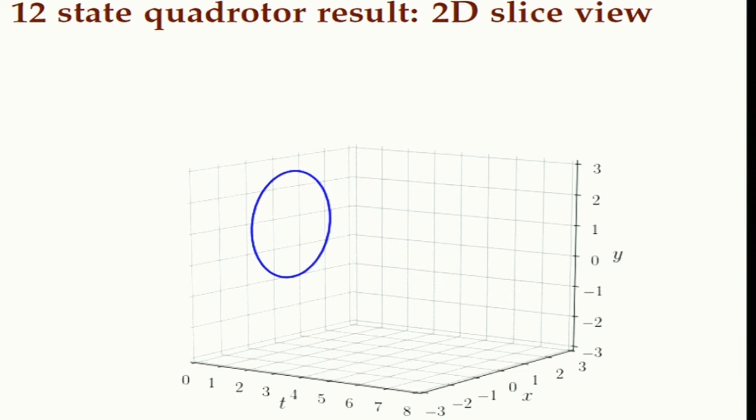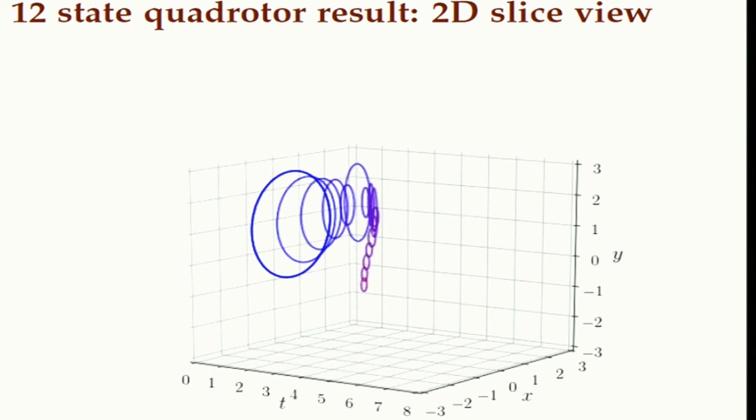So here is some result. We implemented it for a 12-state quadrotor, linearized about some reference trajectory, and I'll give some details about the simulation setup. I'm only showing the result of the inner SDP, not the single outer SDP, the last optimization. This implements all the parallel computation in time in the propagation and also the parallel computation of the inner SDPs.